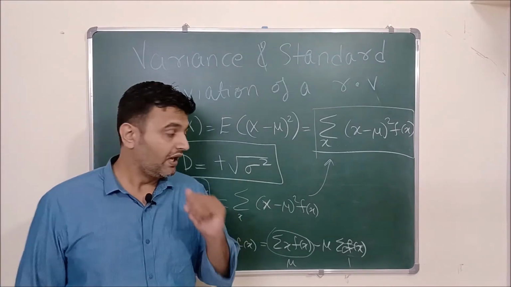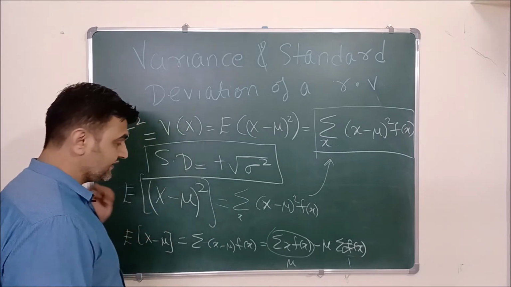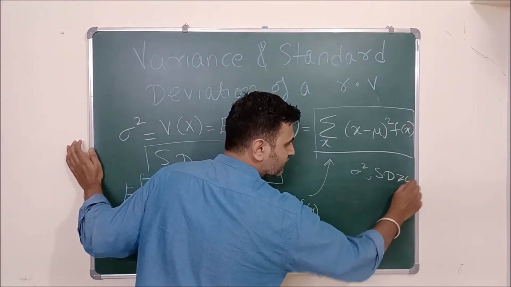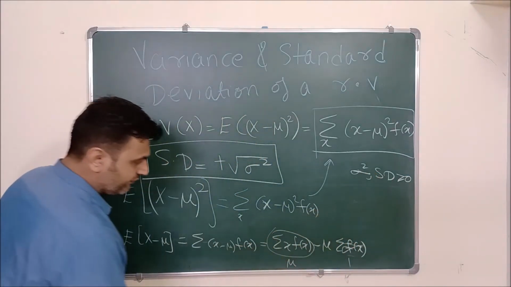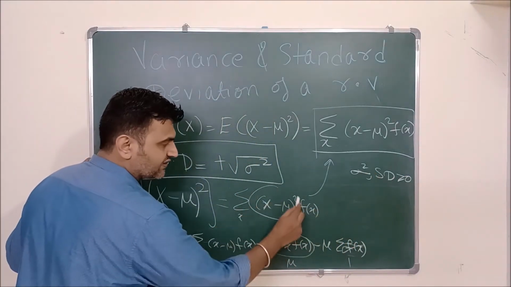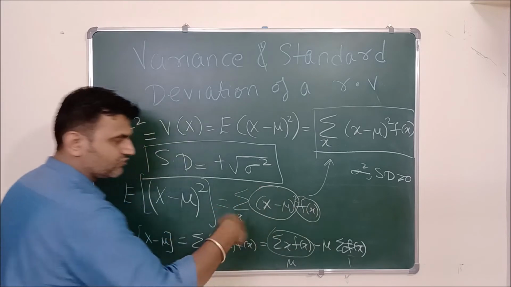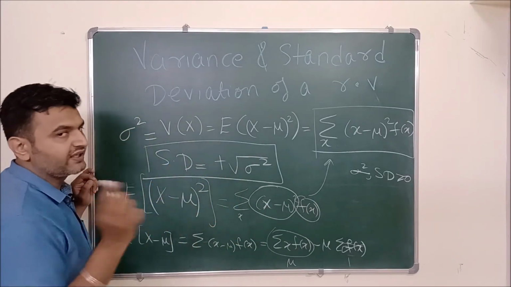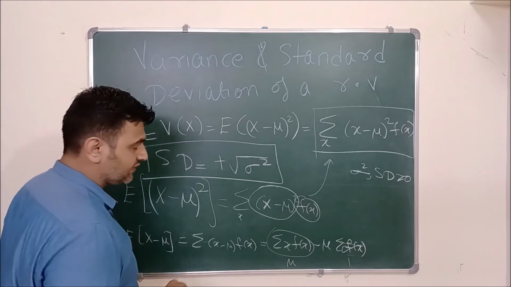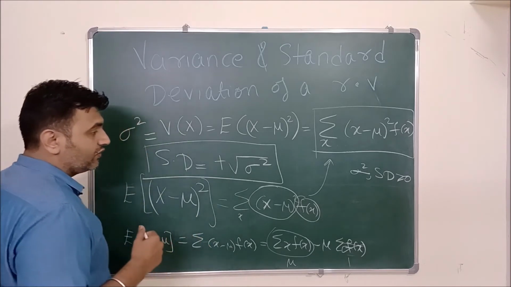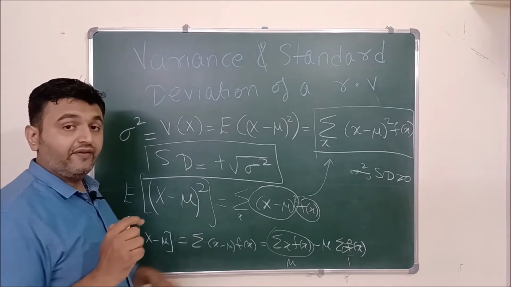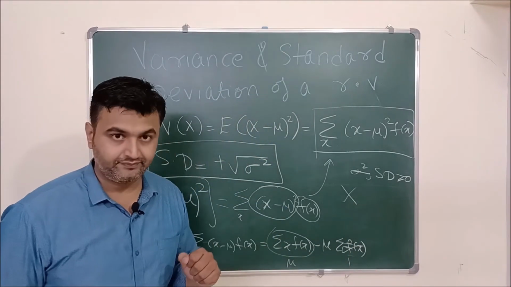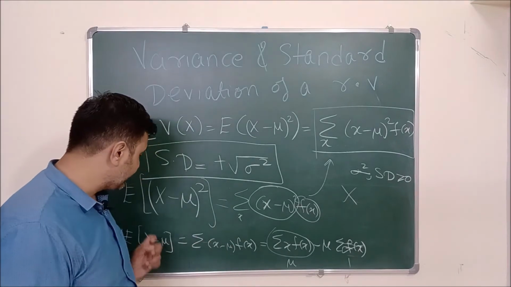That is one reason. Another reason: what you can observe here is that variance and standard deviation are always greater than or equal to 0. That's obvious because here is the square, these are non-negative, so the summation is non-negative. And standard deviation is the plus square root, so both are greater than or equal to 0. That is the first observation. Second, if your random variable x has a unit, say meters, what will be the unit for variance?